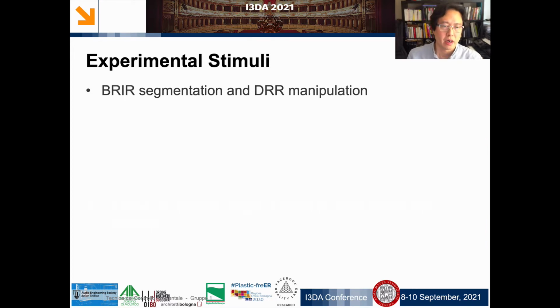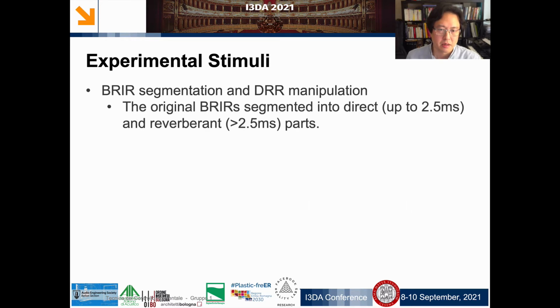The original BRIRs were segmented and manipulated in terms of DRR. We used the cutoff boundary point of 2.5 milliseconds, as used in previous research, for example by Zahorik. 2.5 milliseconds basically avoids the first reflection in the direct sound part, and the rest of the signal was segmented as reverberation.